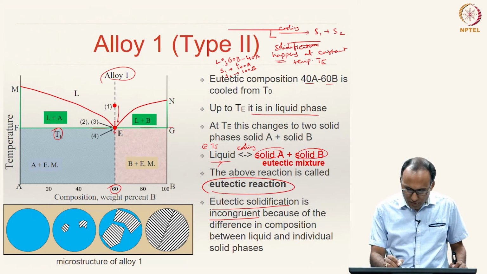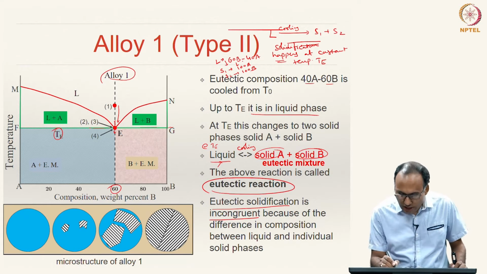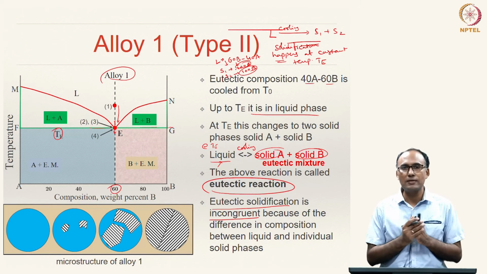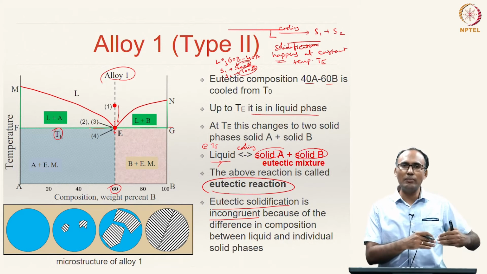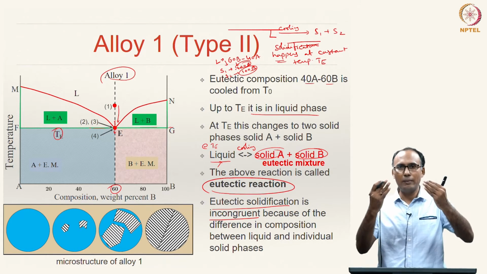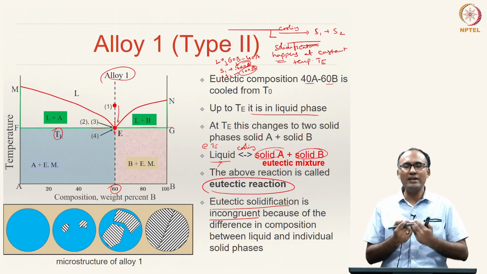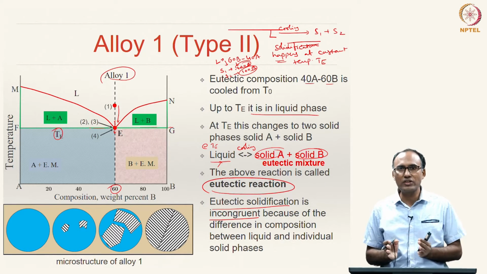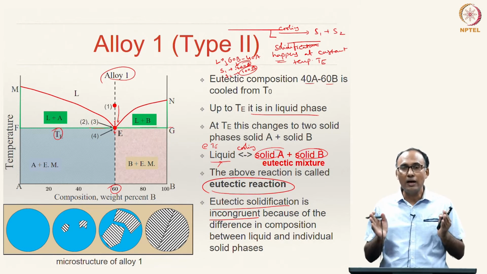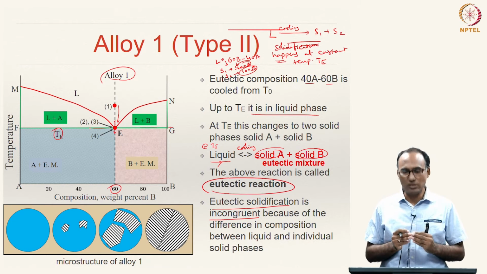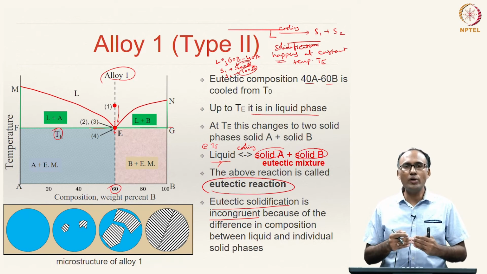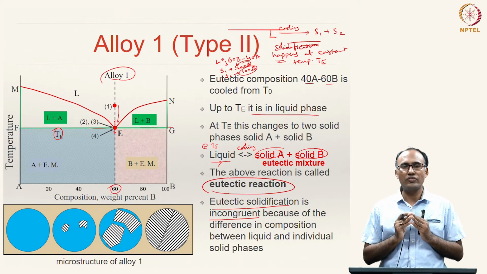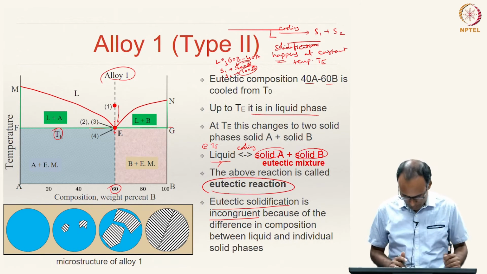It has solidified, but the compositions have changed, and it is not a single phase, it is two phase. In congruent melting alloys, an alloy solidifies but remains in one phase, but here it solidifies into two phases and their compositions have completely changed, and hence eutectic solidification cannot be termed congruent solidification. So, it is incongruent in its nature.